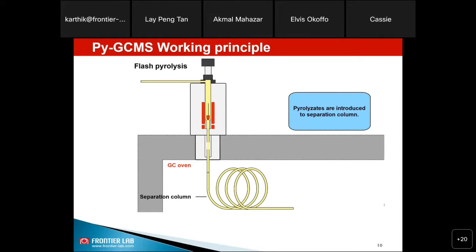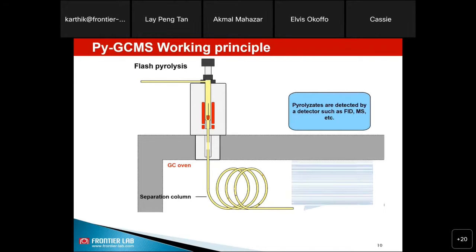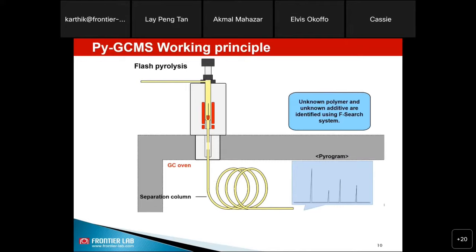Then the compounds are pushed to the column with the help of carrier gas, where the separations take place. Then you can see these compounds are eluted, coming out of the column one after the other based on their retention capacity and partition coefficient. So finally, you get to see multiple peaks. These peaks represent the different compounds present in this rubber material or any other polymeric material.